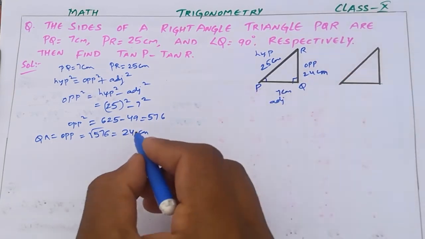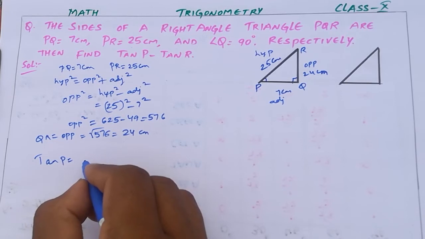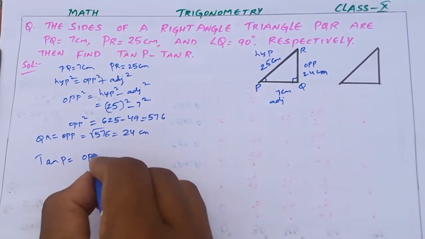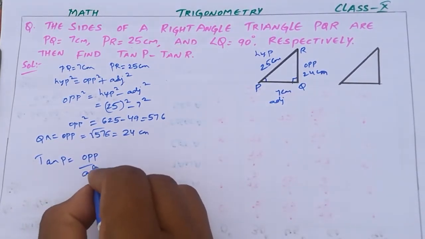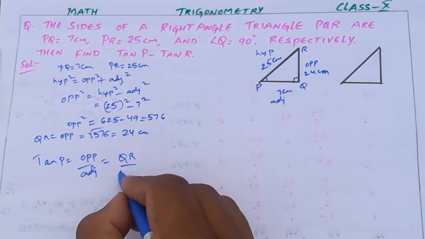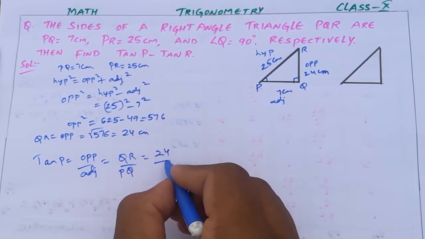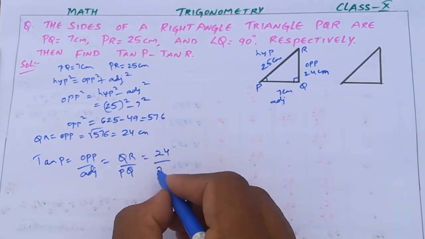Okay. Now we need to find tan P. Tan P means opposite by adjacent. What is opposite value here? It is QR, by adjacent is PQ. QR value just now we got as 24, by PQ value we have as 7.